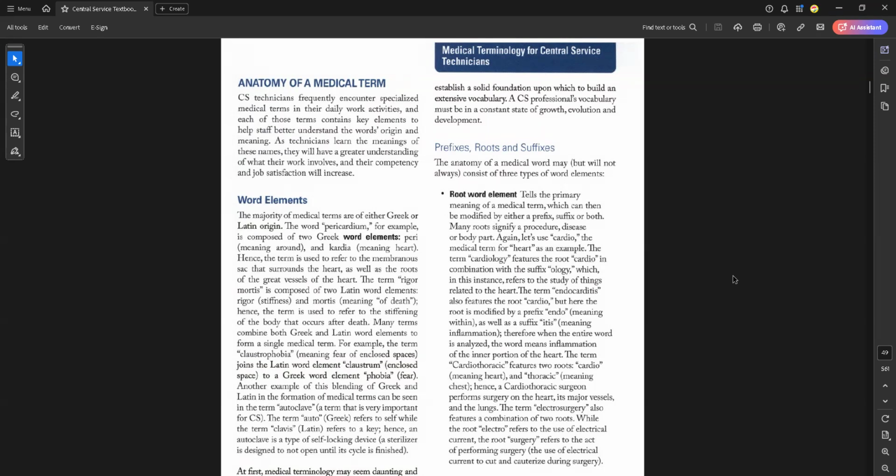Now, I was trying to say that there is no medical term in this world that has no root, but there can be a medical term without a prefix or suffix. Take my words. Now, the root gives the primary meaning of what we are talking about.